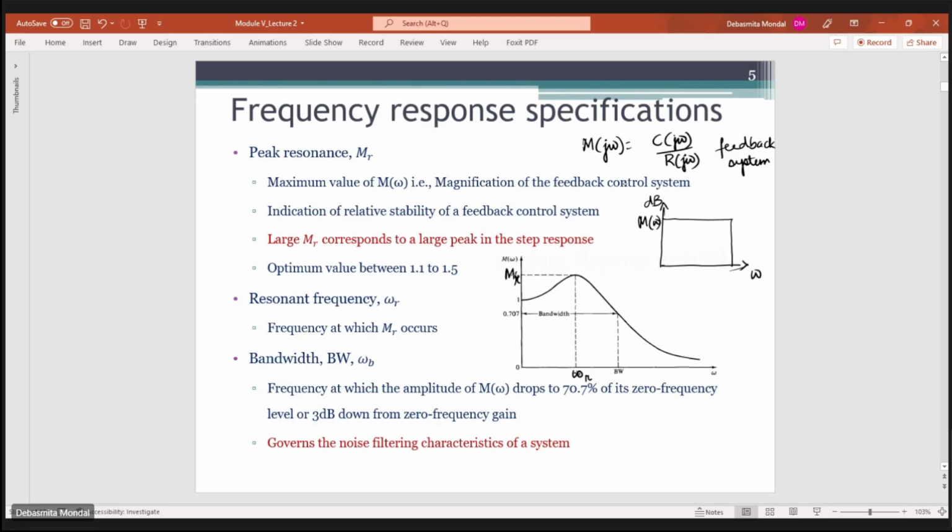At zero frequency the value was 1. Ideally it should have been 1 throughout, but in a practical scenario it is not. So the frequency at which the value of M(ω) drops to 70.7% of its zero frequency level, that is 0.707, is known as the bandwidth.